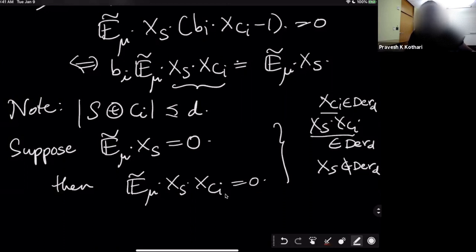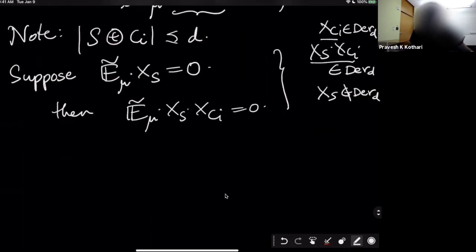So if these two are in the derivation, then by our rule for constructing derivations, x_s should have been in the derivations, right? But it was not, because its value is set to 0. It means that x_s times x_{C_i} is also not in the derivation, and then we in fact set it to 0. Okay, good. So that's easy.